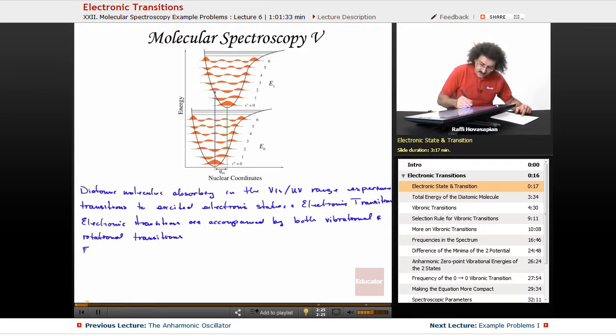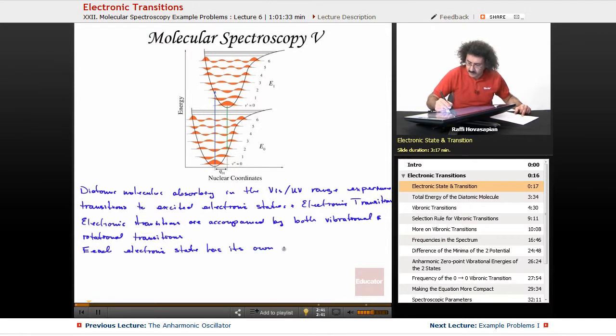Now, very, very important, each electronic state has its own potential energy curve. That's what you see here. This is the ground state. This is the first excited state, or they say E1. It could be any of the excited states. Anything above the ground state has a potential energy curve.